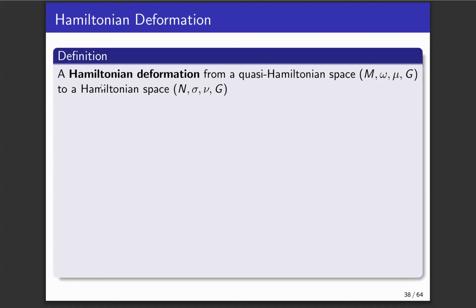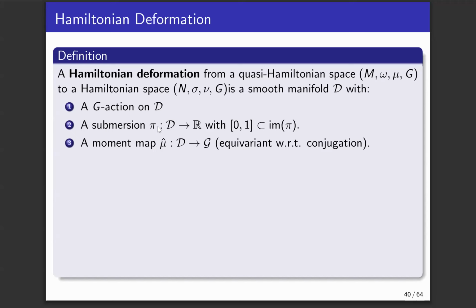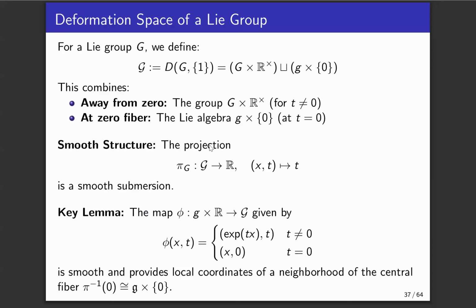Then a Hamiltonian deformation is only a smooth manifold D together with some G action on D, and a submersion P from this manifold to the set of real numbers, such that the compact interval [0,1] is included in the image of P, and we have some moment map mu hat from D with values in these deformation spaces that we defined before. Recall that G is only DG1.